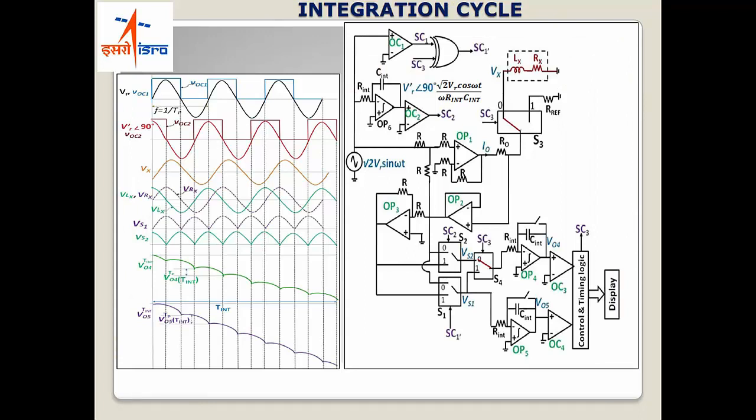So during the integration cycle, the switch SC3 is kept low, and the switch selects the unknown element here, and similarly this integrator is also set to this position. What basically happens is you have the sine wave here, and the output VOC1 is a comparator based circuit, a zero crossover detector.